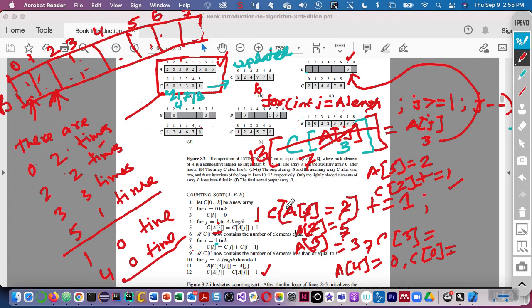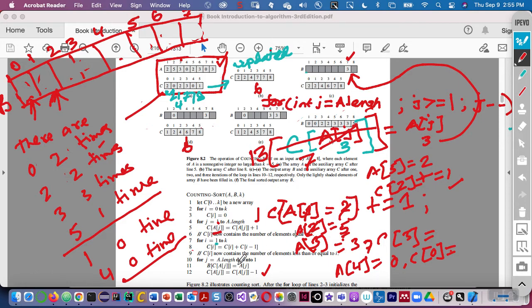Everybody understand this? So this is why I say they put 3 over here, at position 7 they put 3, and you see that at index 3 there was 7, and at index 3 now there is 6. It changes here. You see that 6 is decreased by 1.